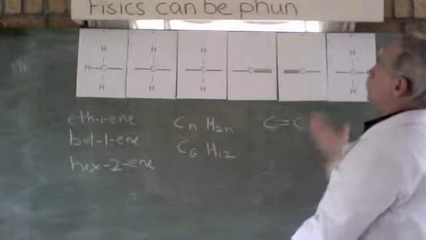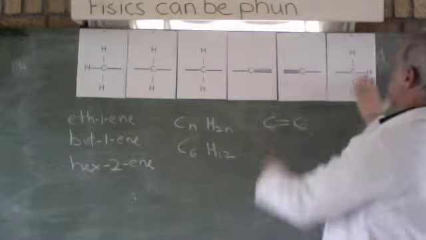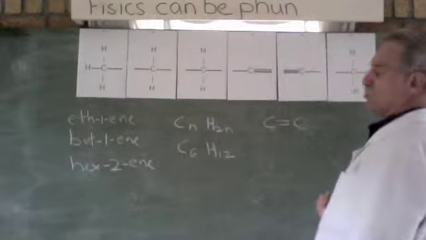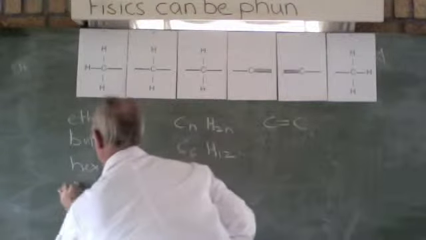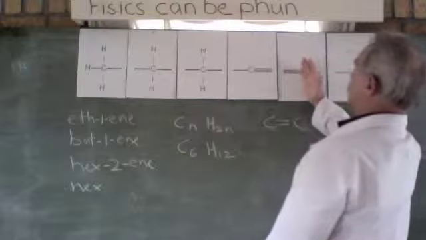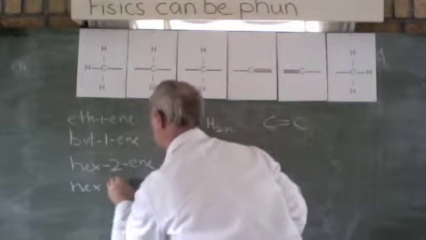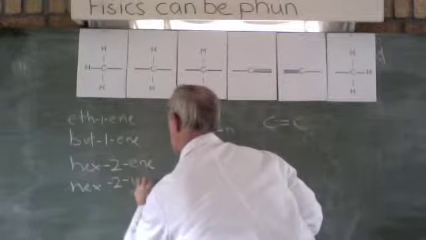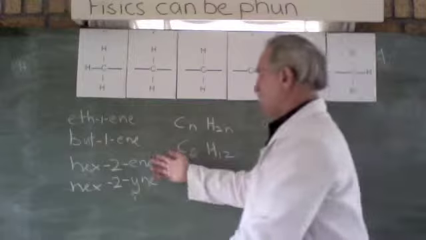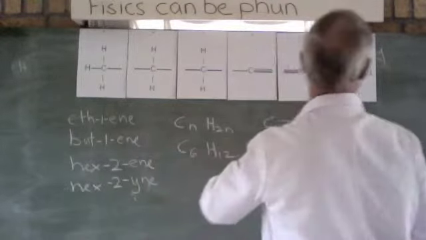The alkynes have 3 bonds. So what would be the name of the substance? Well, let's count. 1, 2, 3, 4, 5, still 6 carbons. So it's going to be hex. Now, on which carbon is the triple bond? It's number 2, hex-2-yne. So instead of ene, it's yne.